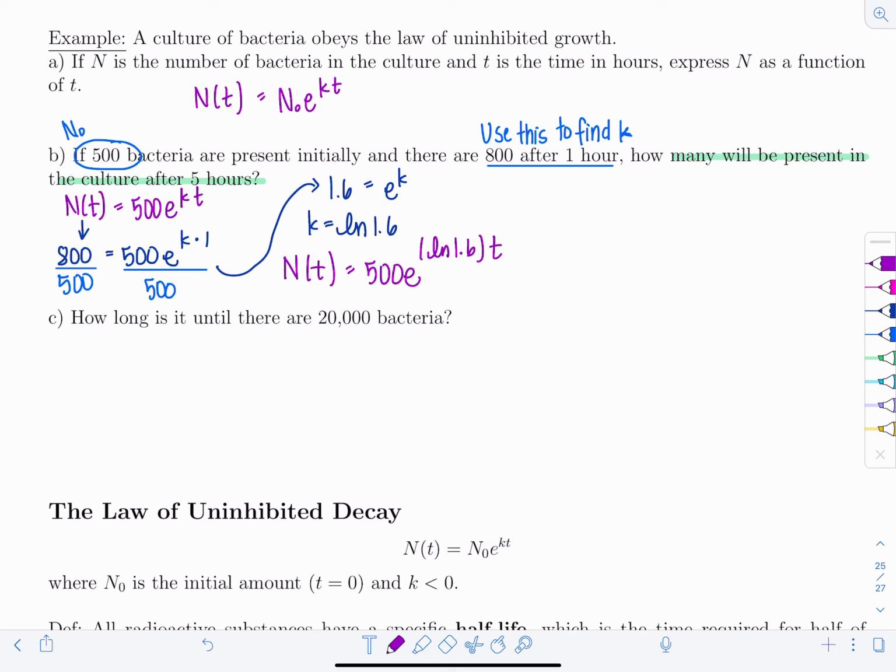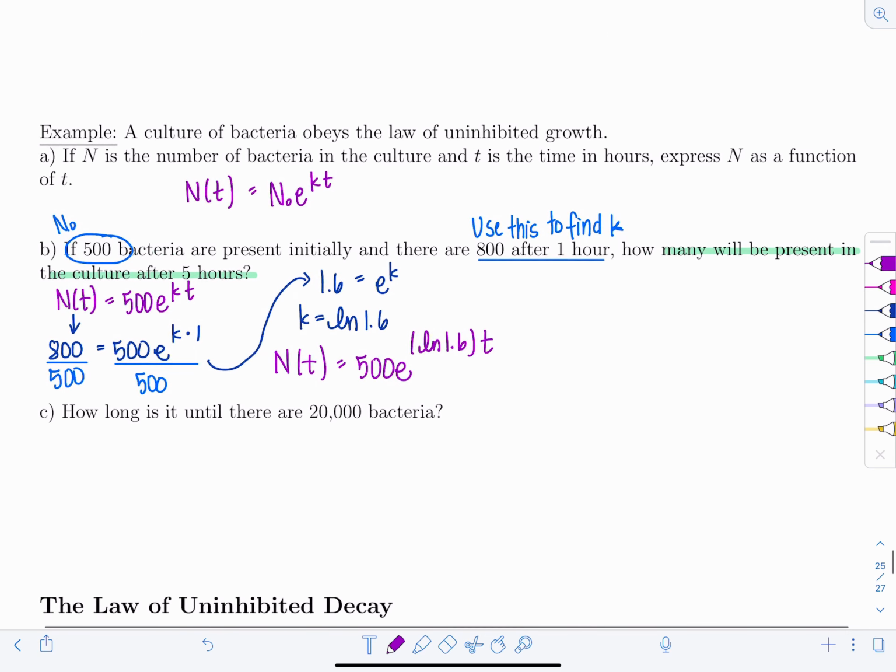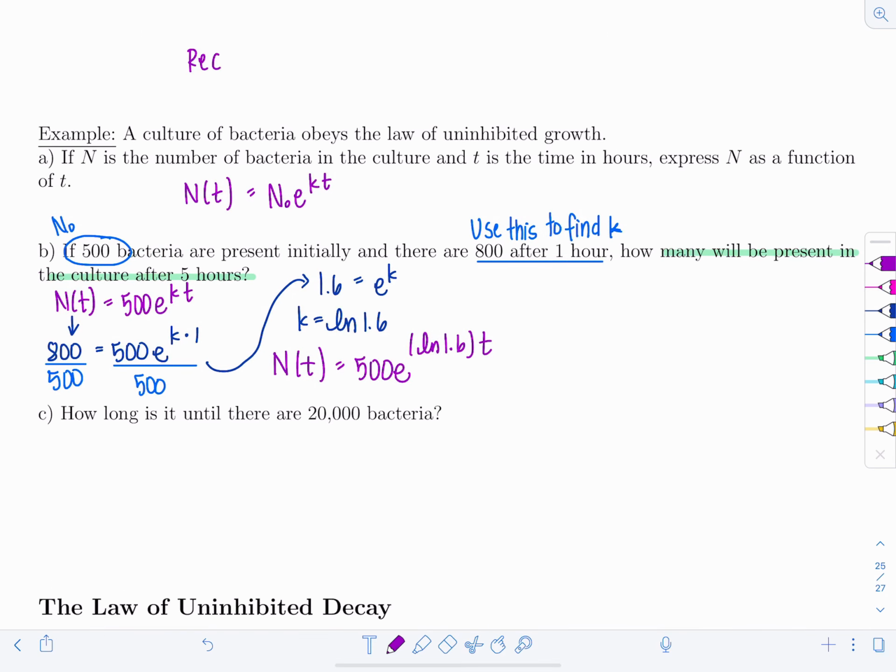But you guys, e raised to the ln of 1.6 is just 1.6, right? So if you'll recall, if you have e to the natural log of x, that equals x. So if you have e to the ln of 1.6 times x, that's 1.6 raised to the x.